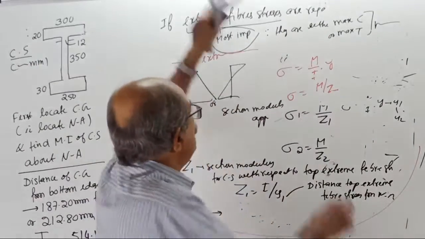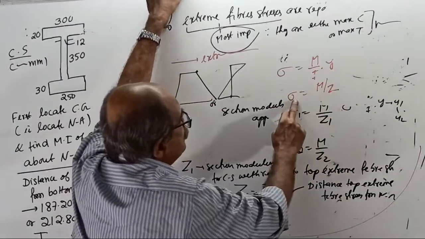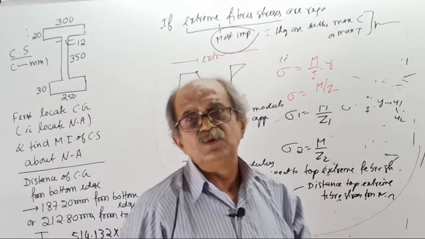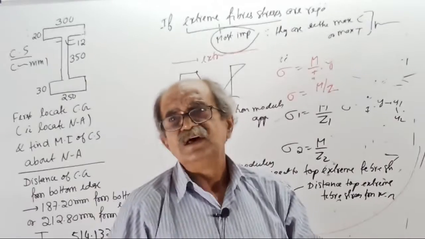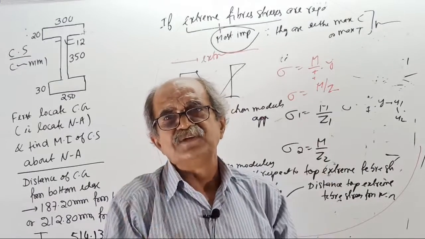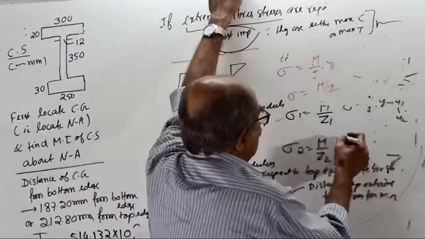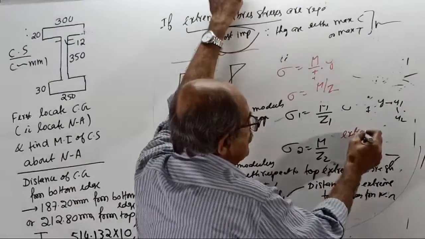Sigma 2 equal to M by I into Y2, or sigma 2 equal to M by Z2, Z2 equal to I by Y2. So in our class from now onwards, we will use section modulus only and only for extreme fiber stress.